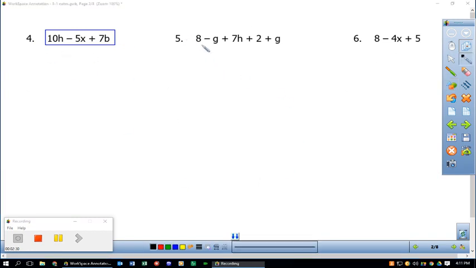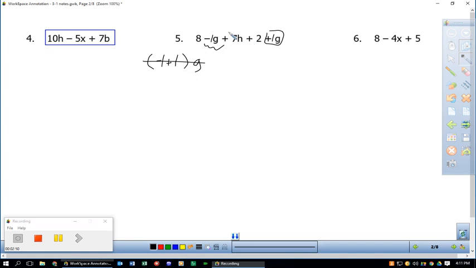All right, number 5, let's actually do the g's first. So we've got minus g, that's minus 1g, plus 1g. So negative 1 plus 1g. That's actually 0. 0g, so it's out. Okay, it's just 0. It's a 0 pair if you want to say it that way.